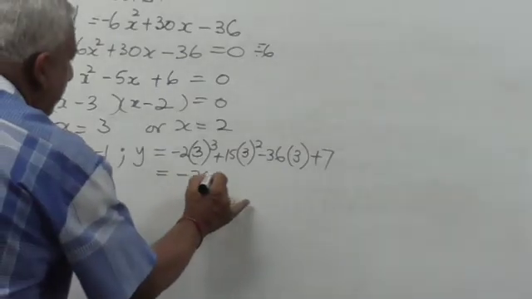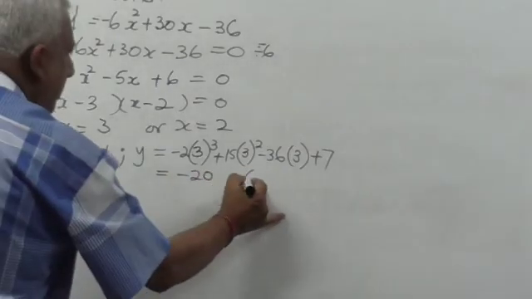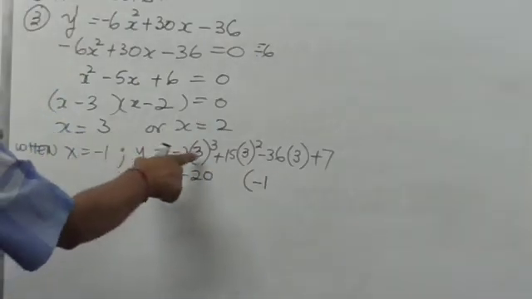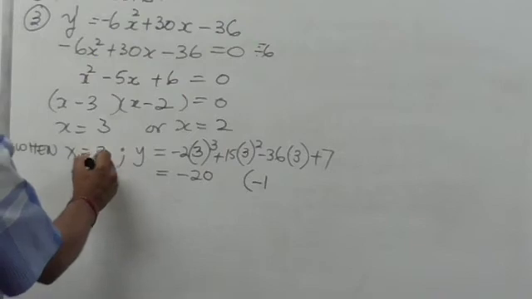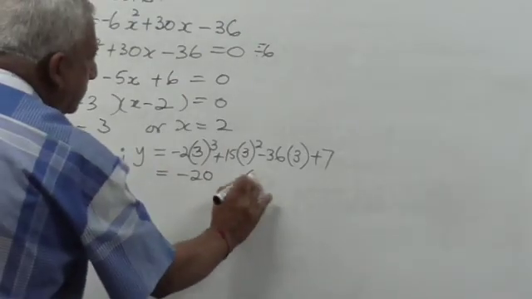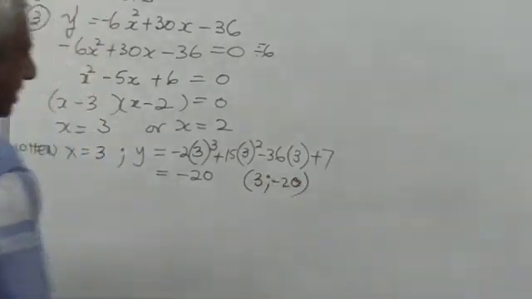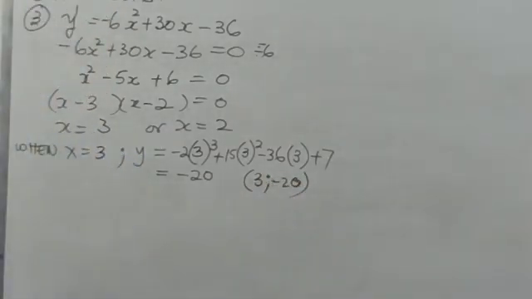So you get negative 20. So this ordered pair is 3 and negative 20.